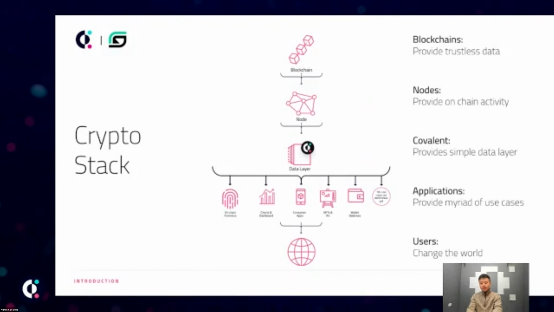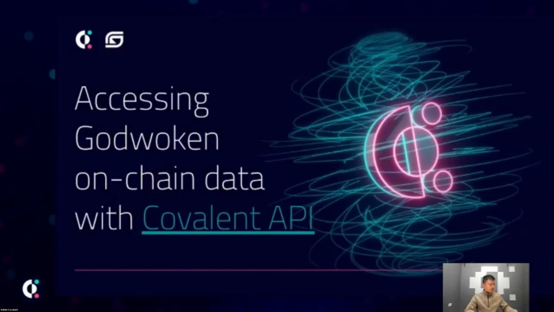We supply them this data that we think they want, and hopefully they can power their applications. So let me quickly share with you how you can use the API to get some Godwoken on-chain data. I think it'll be fun.